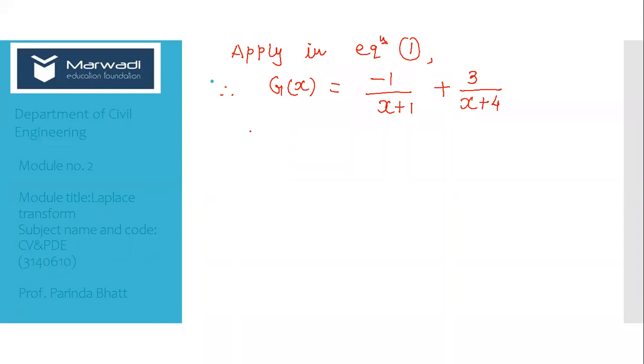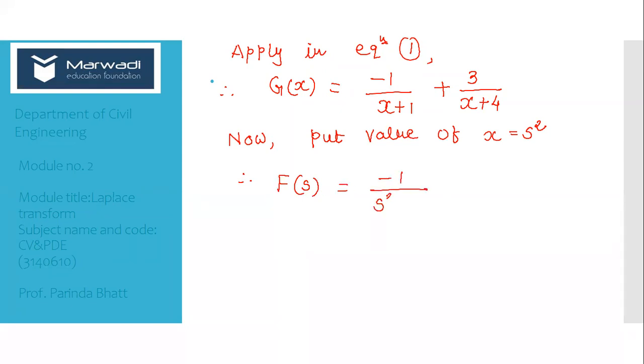Now put the value of x. x equal to s square. Therefore, f of s equal to minus 1 by s square plus 1 plus 3 by s square plus 4. Right? And now apply the final step, inverse Laplace transform.